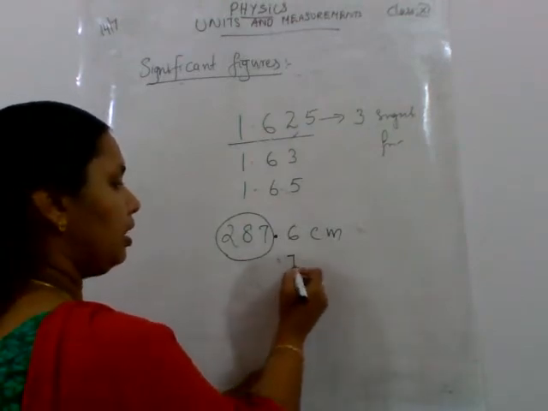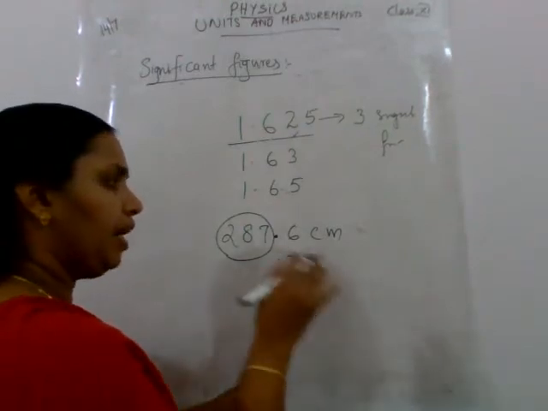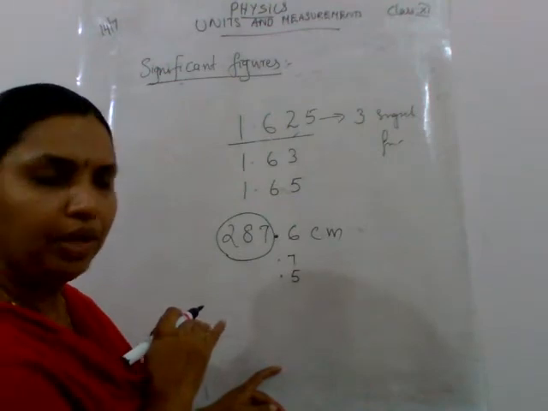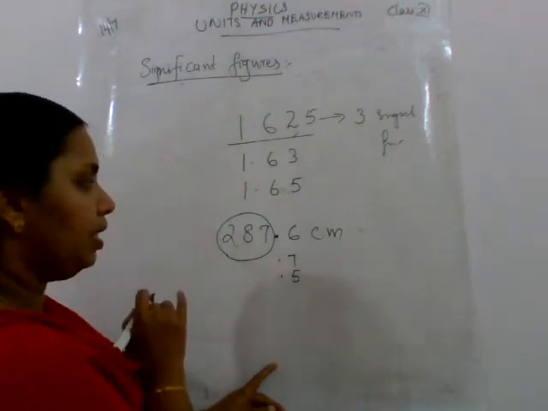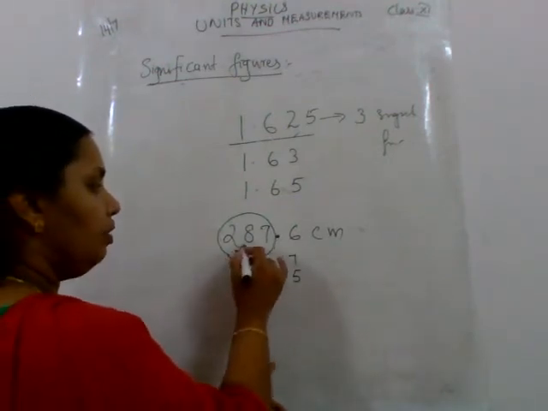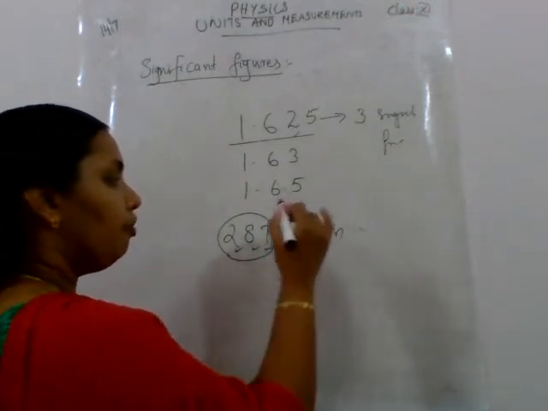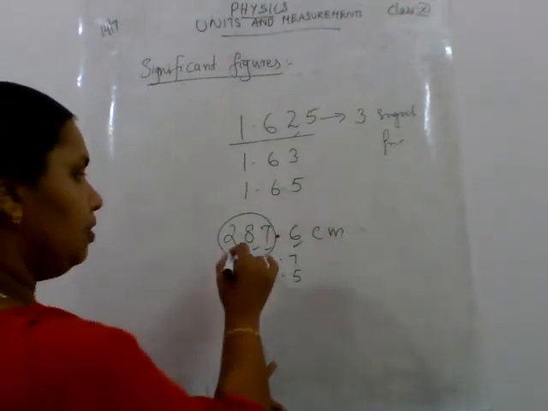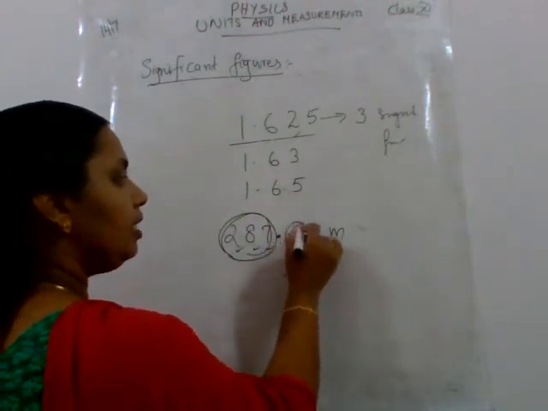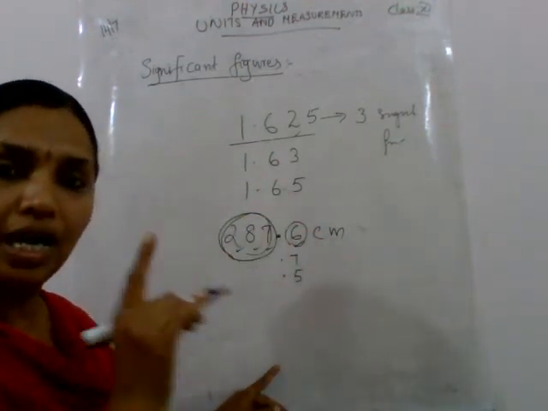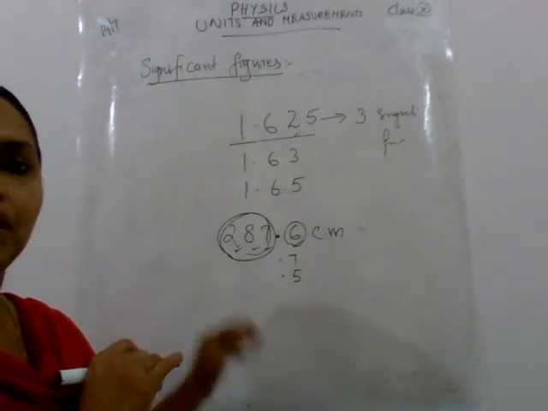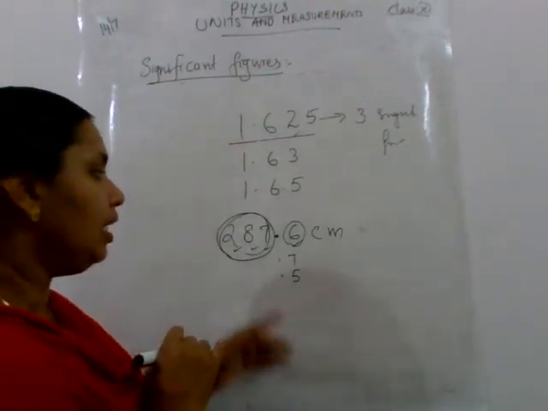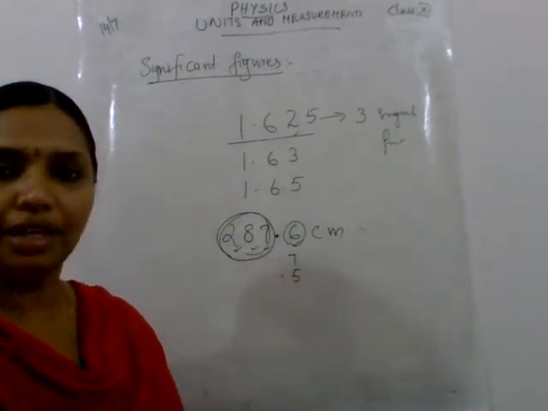It may come 0.7 or 0.5, it may vary. So in this measurement, we can say that there are 1, 2, 3, 4 significant figures. First 3 are certain and the last one is uncertain. So in all measurements, we take these as the significant figures.